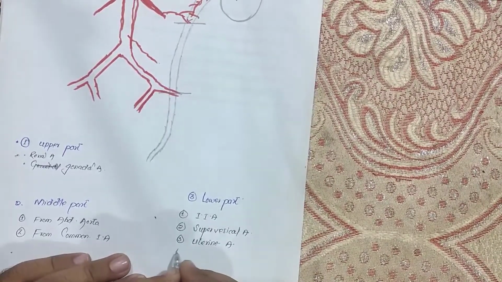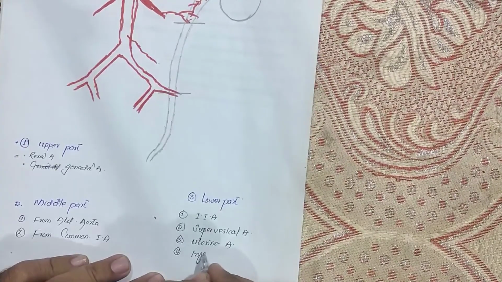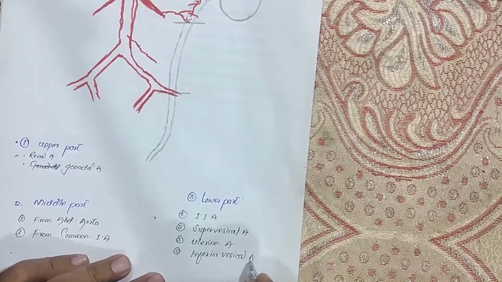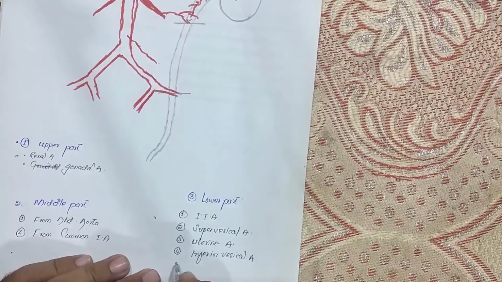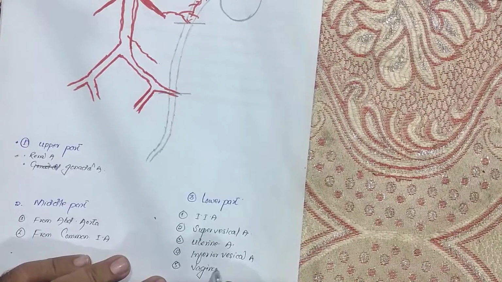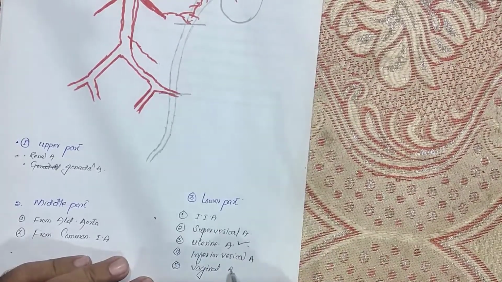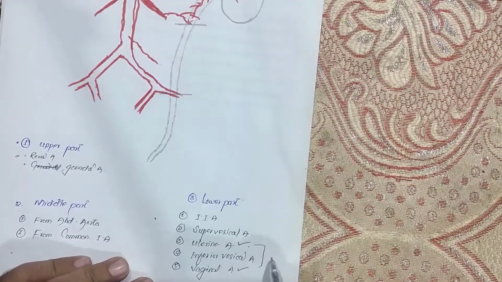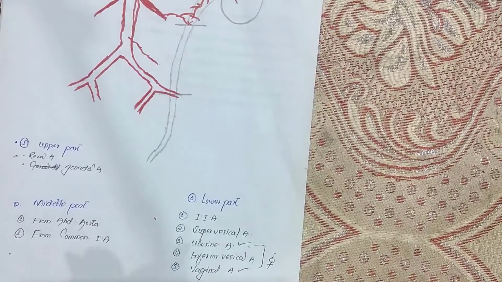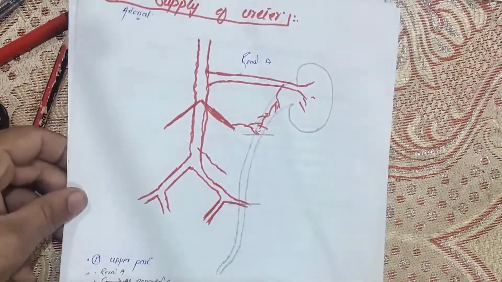The fourth branch which it receives is the inferior vesical artery, which is absent in females. Then there is the vaginal artery. So these two arteries, the uterine and the vaginal, are for females, because in females there is no inferior vesical artery, right friends? So all these are the branches which give blood to your ureters.